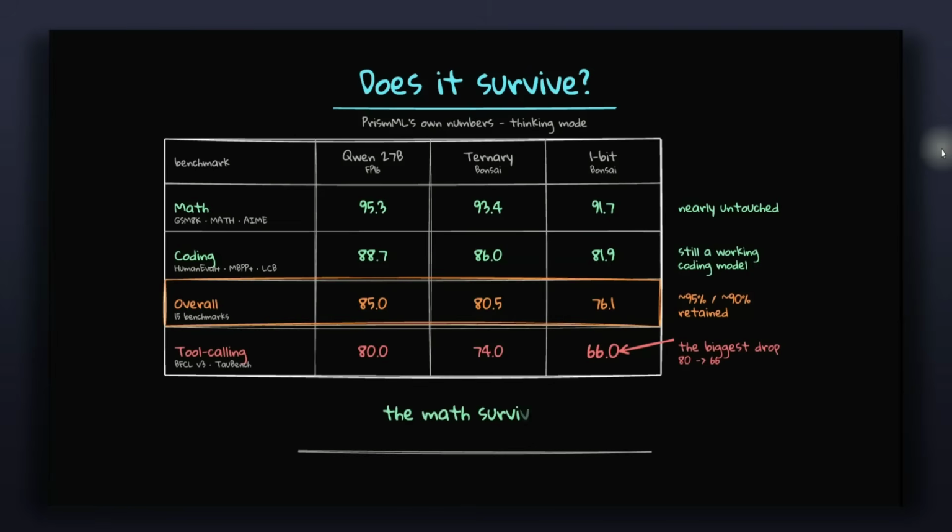Now, the biggest drop is specifically for tool calling, where you see substantial degradation for the 1-bit Bonsai model. But for something like math or coding, it still preserves most of the performance. So you could essentially use this as a chat model for information retrieval. However, for agentic tasks on an iPhone, it is probably not a good option.